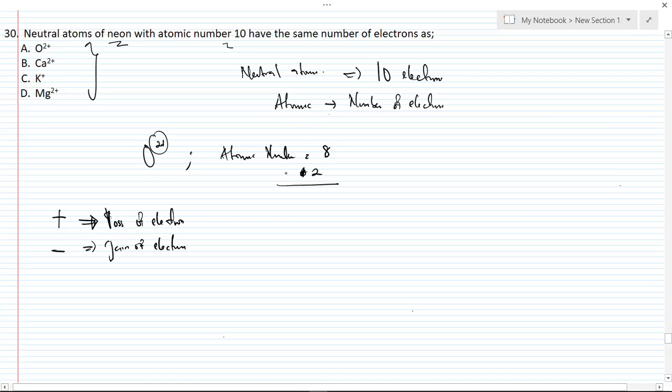So the number of electrons for O2+ is actually 6 electrons.